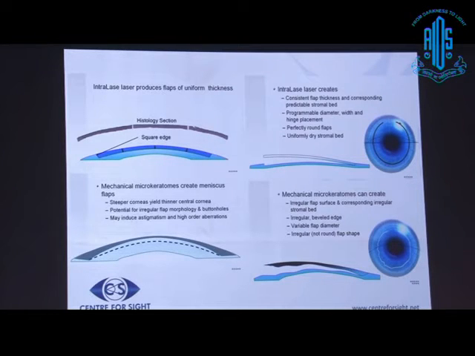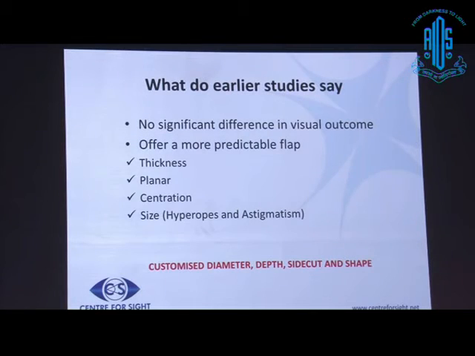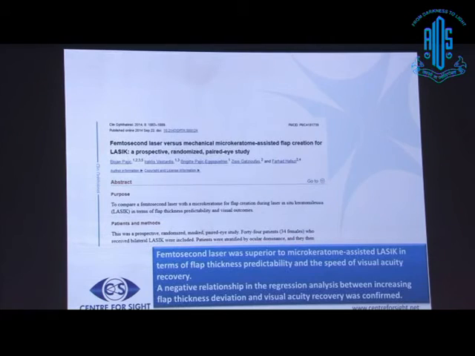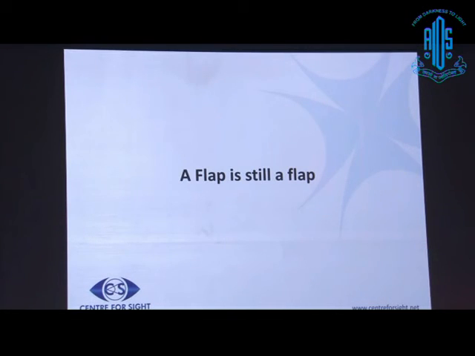This allows you to have a reduced risk of migration of the epithelium. It also makes the flaps snugly sit back and possibly reduce the risk of flap folds. These complications of increased DLK and rainbow glare, which were reported with femtosecond laser, were with the initial generation of low frequency lasers and are really not a concern.